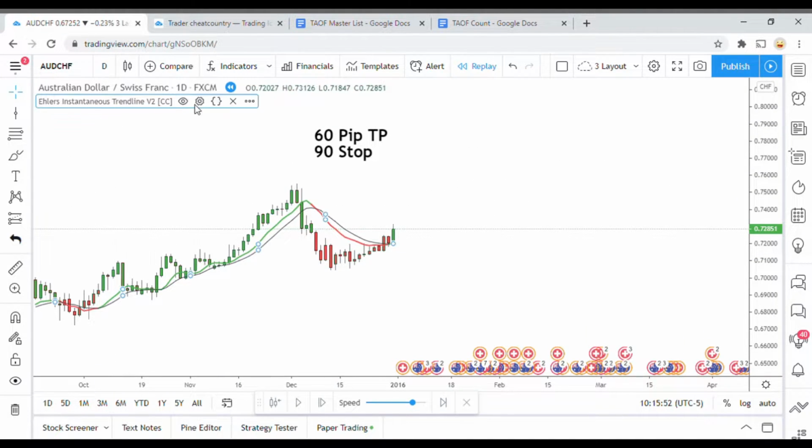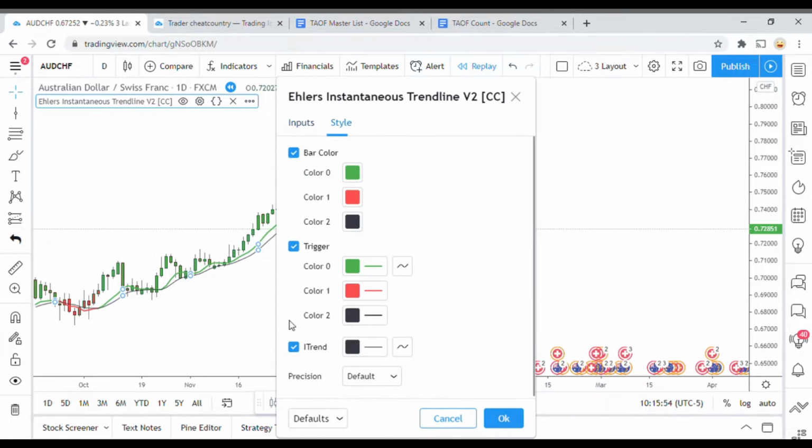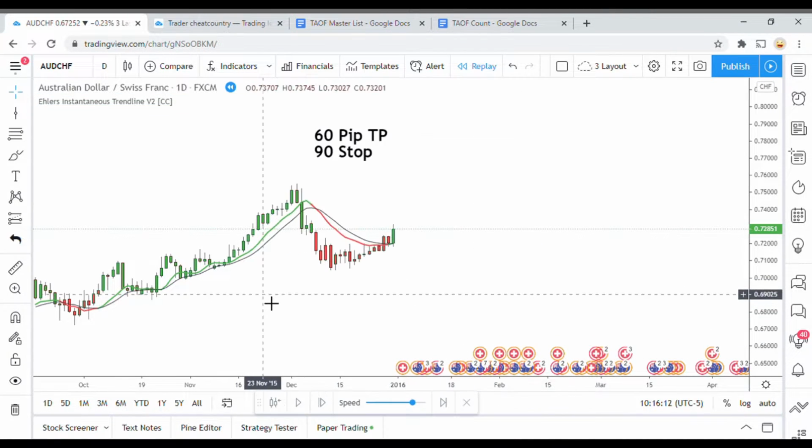Not really sure exactly what you would call it. No, so the main oscillating line is called the trigger. The black line is called iTrend, so the trend line.